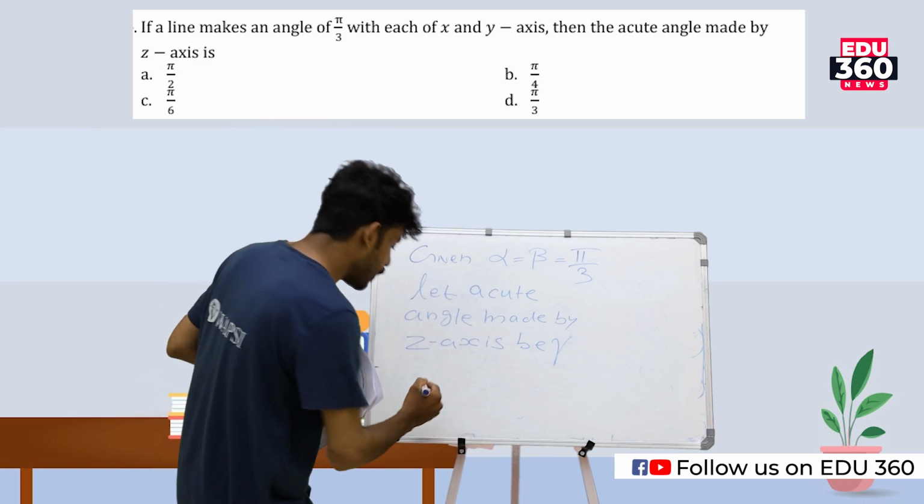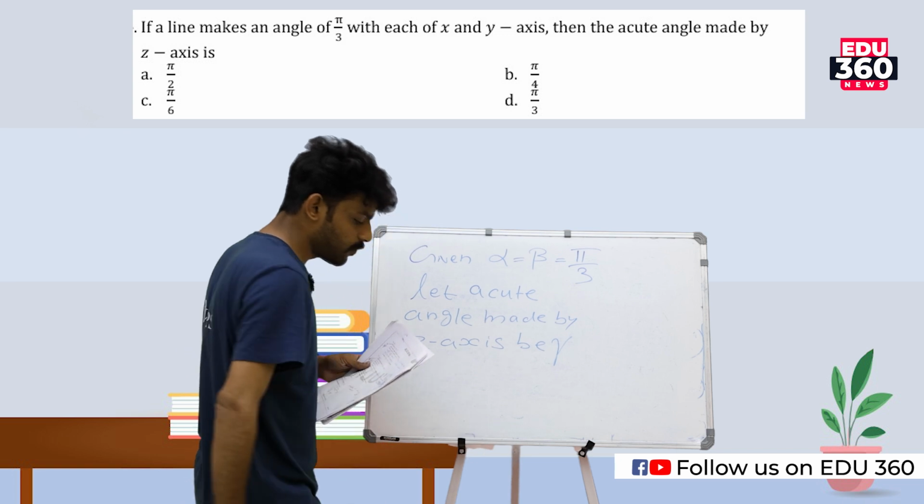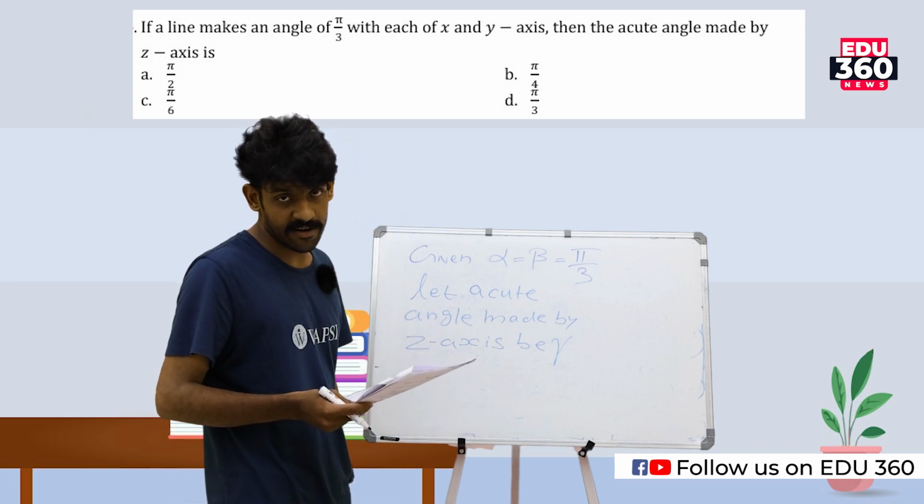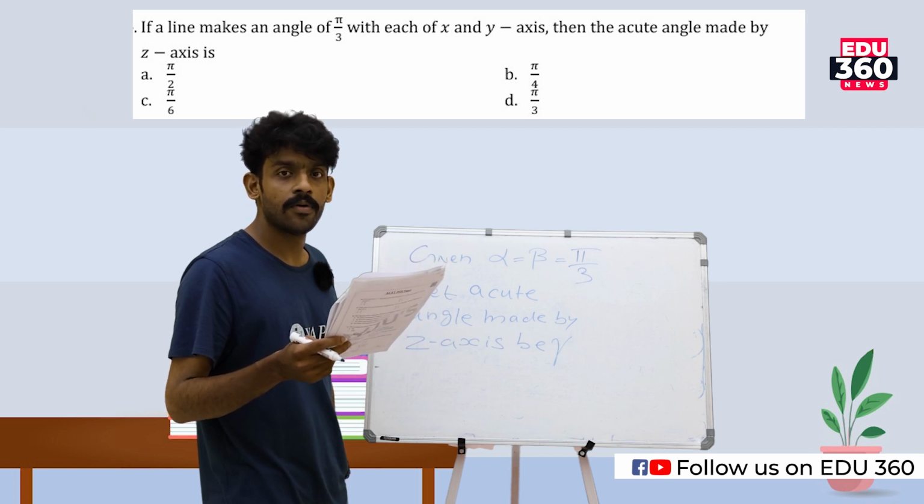Hereafter we can write the sum of squares of direction cosines. We know that the sum of squares of the direction cosines is 1.